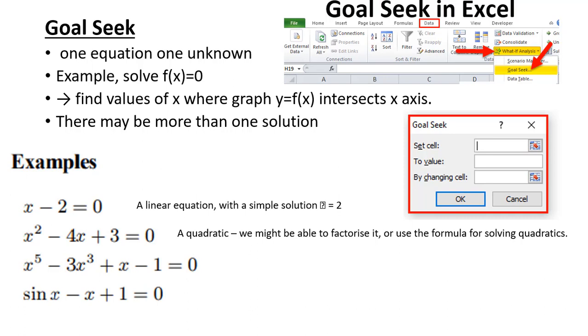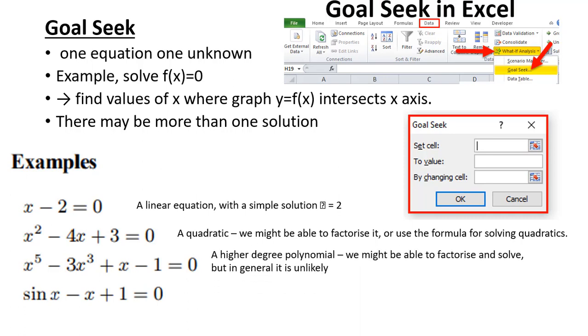So a lot of times the numerical methods are just a faster, more efficient way to solve for something than to go through all of the different ways to analytically solve something. And then, of course, there are some equations that there are no analytic solutions to. So the only thing you can do is some kind of numerical solution or graphical solution.